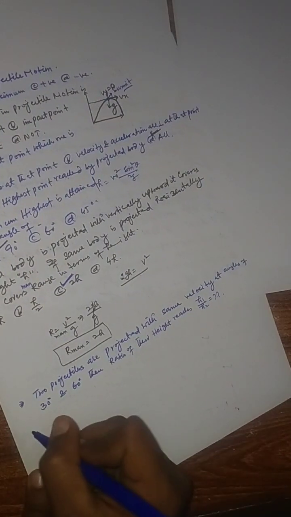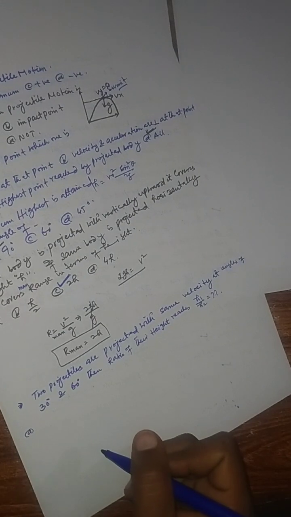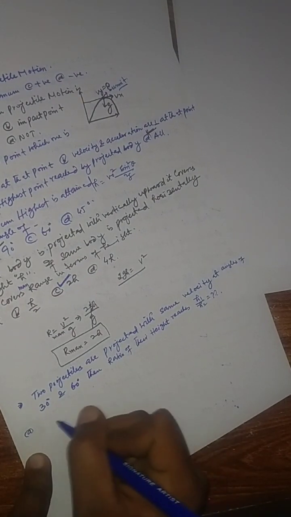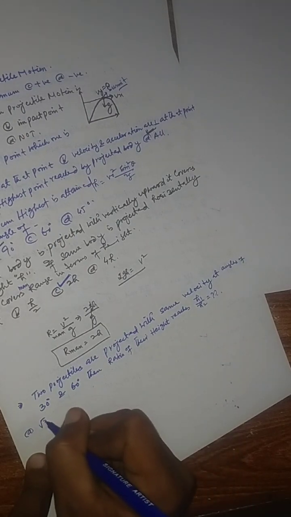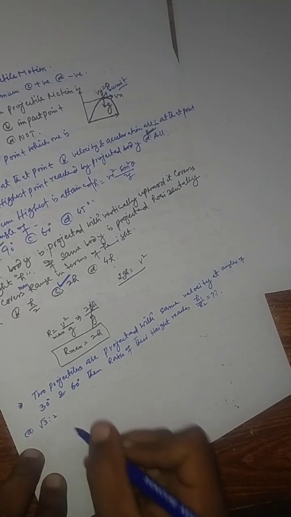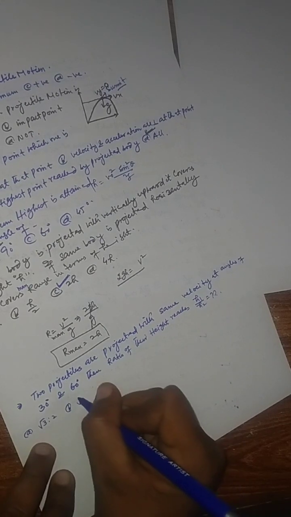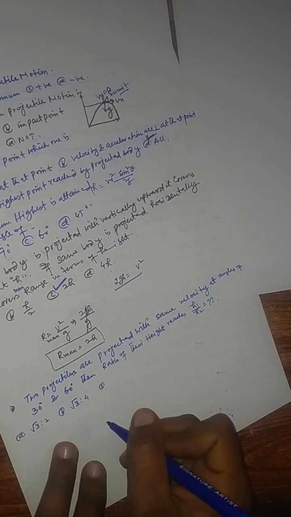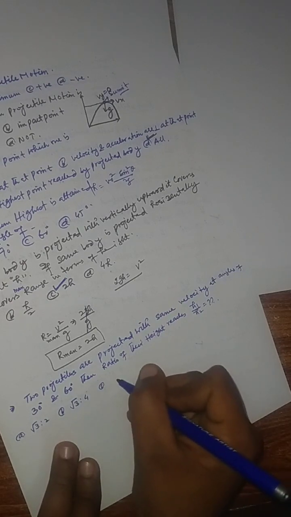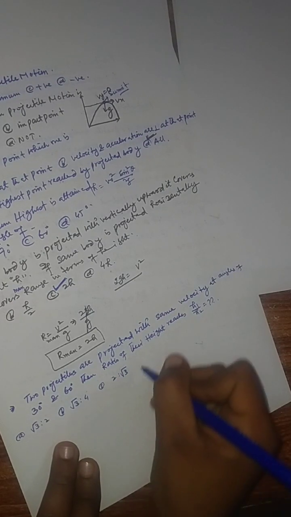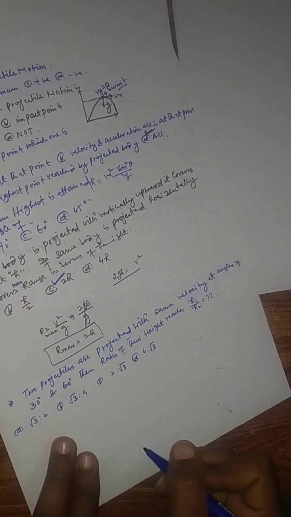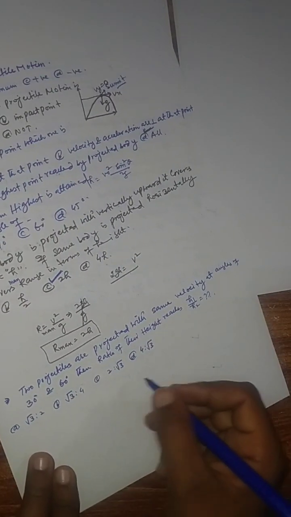The correct answer will be root 3 ratio 2, or root 3 ratio 4, or 2 ratio root 3, or 4 ratio root 3. Then what will be the correct answer?